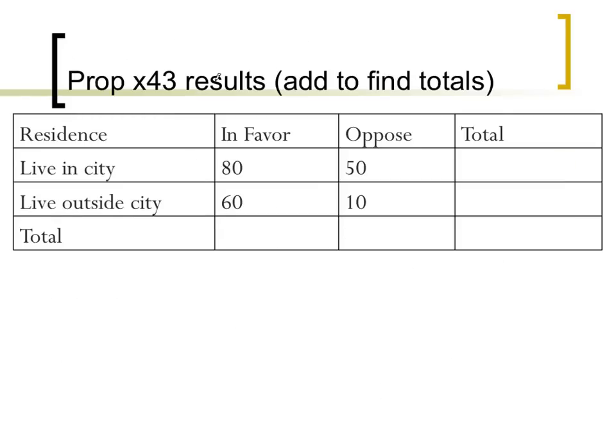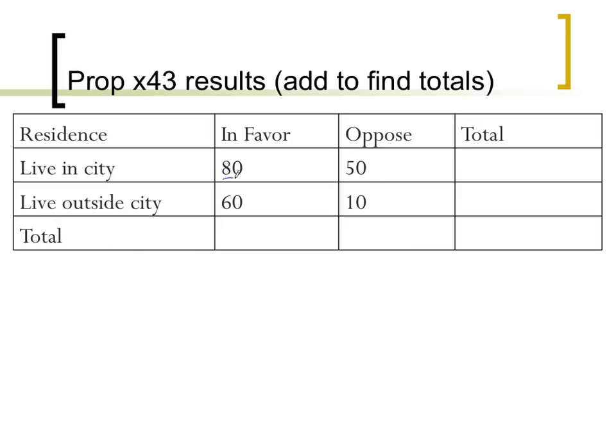All right, you're also going to see some examples with a chart kind of like this. These are Proposition X43 results, and we're given two pieces of information. First, the residents, whether they live in the city or outside the city. And then we're also given whether they're in favor or in opposition.